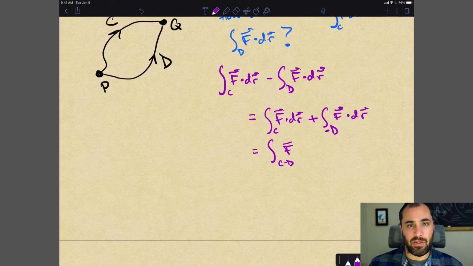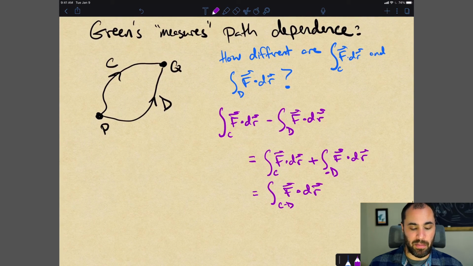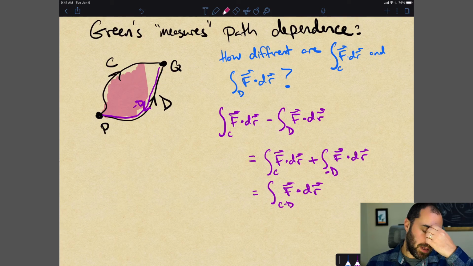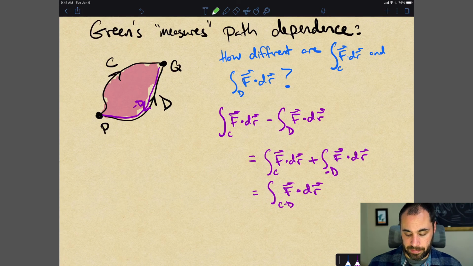And then I want you to recognize if we were to travel along C from P to Q, and then along minus D, that is from Q back to P, then we've just traced a simple closed curve that is an oriented boundary for a region. Specifically for the region R.